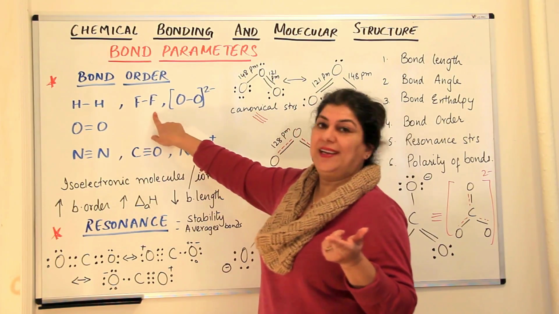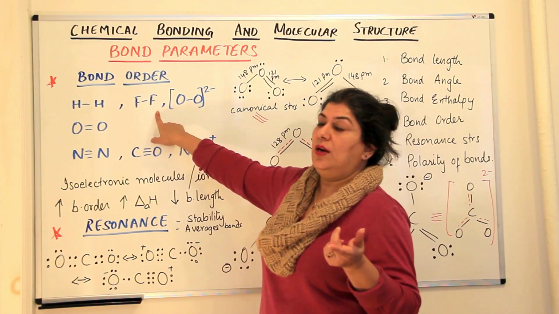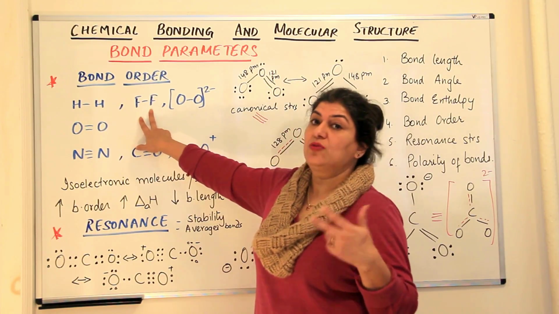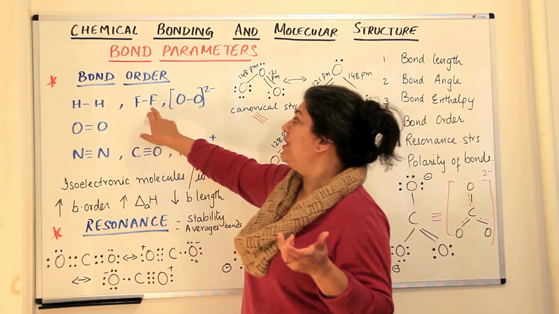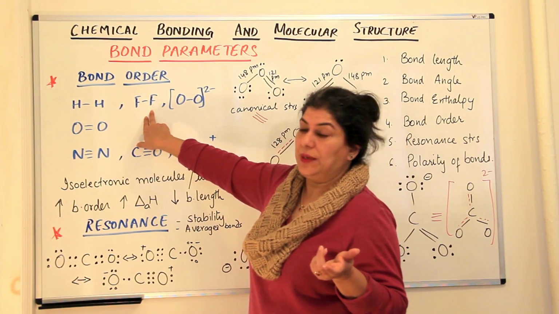So 9 plus 9 electrons that they have is the total number of electrons, or rather, if we count only the valence electrons, 7 plus 7 would be 14.